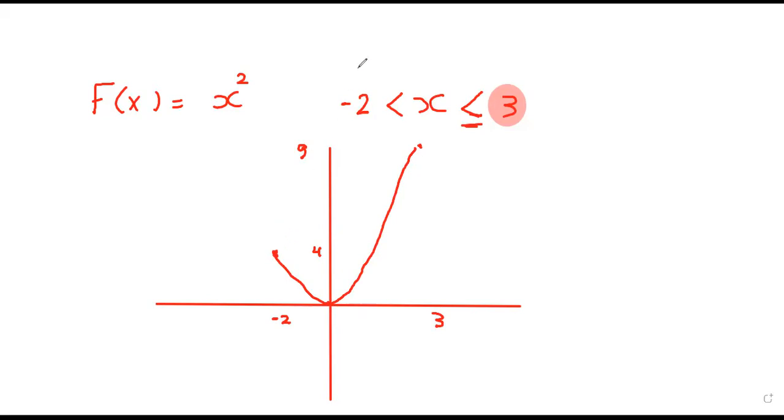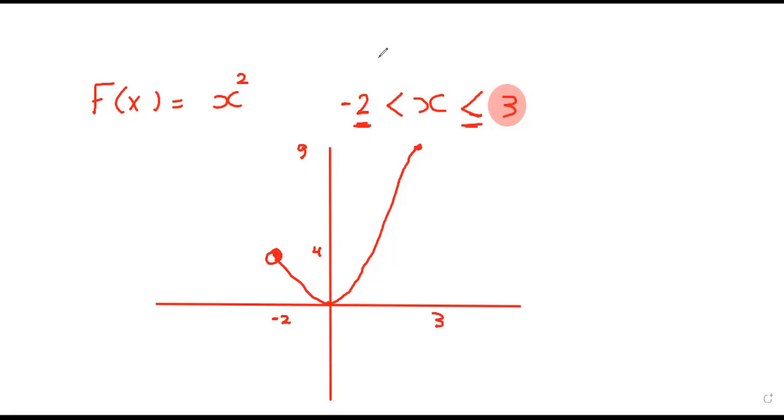But f of -2 is 4, but we don't have -2 in the domain. So we will draw an open circle because we couldn't find the value of -2. But we are able to find the value of 3, so it's a solid point up here.